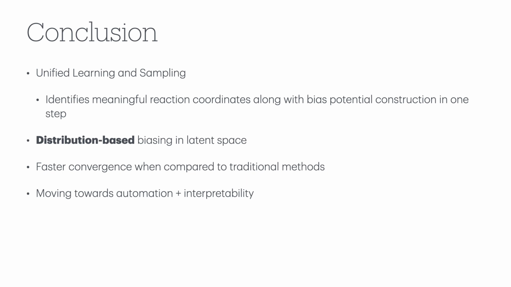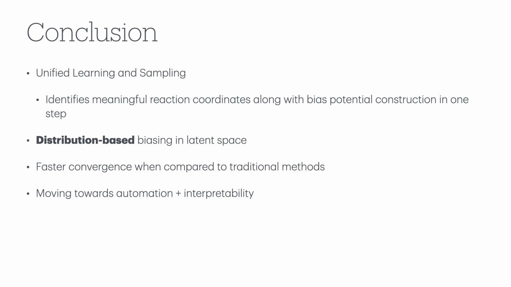Overall, what did RAVE do? It unified learning about the reaction coordinate and sampling. It's identifying meaningful reaction coordinates along with the bias potential construction in one iterative step. It's also distribution-based biasing in the latent space.